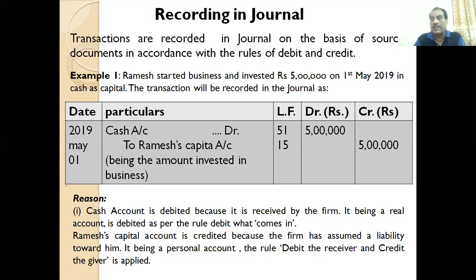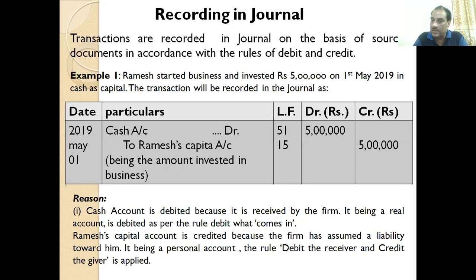So the cash account is debited, right? And the Ramesh account is credited. And you must take note of how we have entered it. We have written under particulars the cash account, then given some space, and then recorded DR. So this cash account is to be debited.